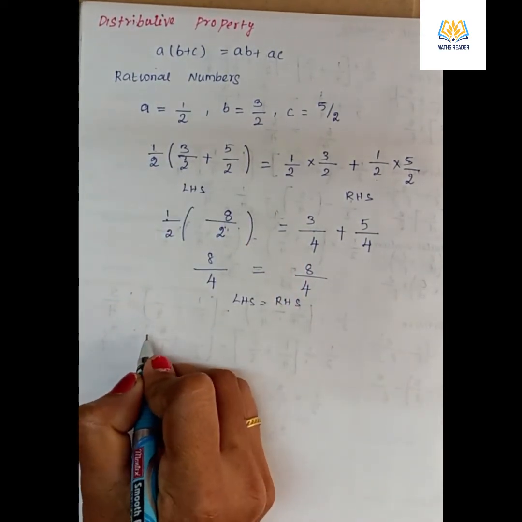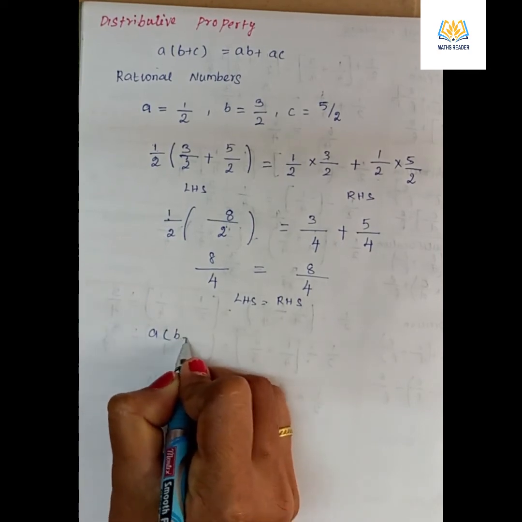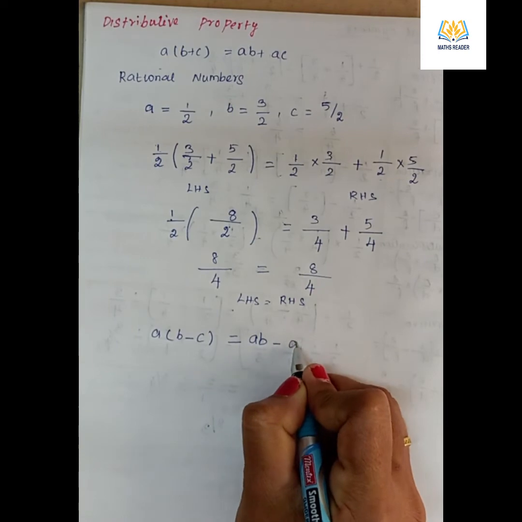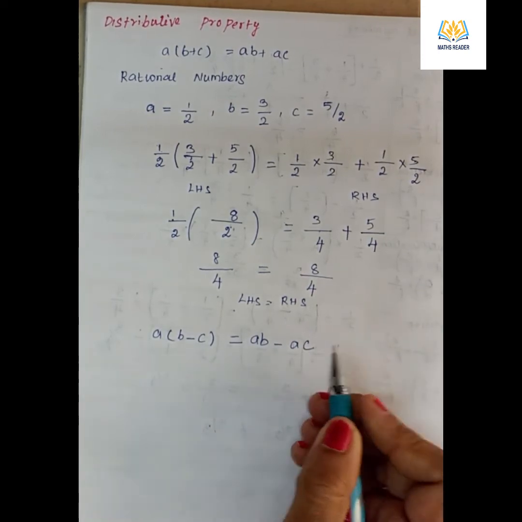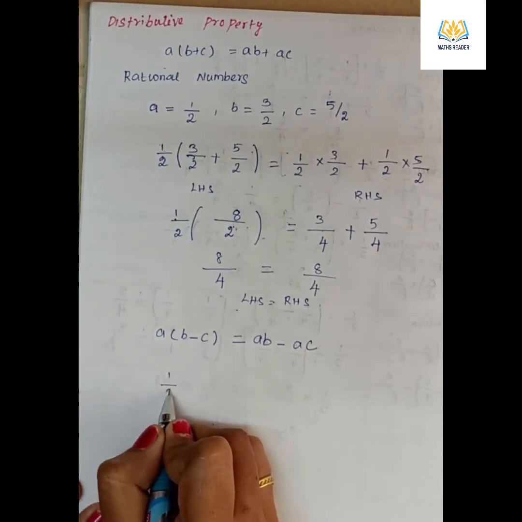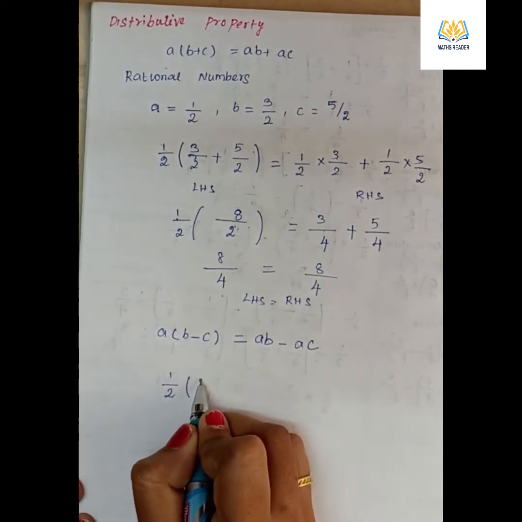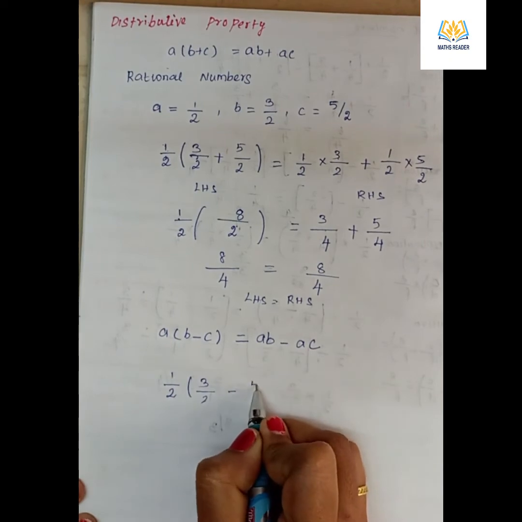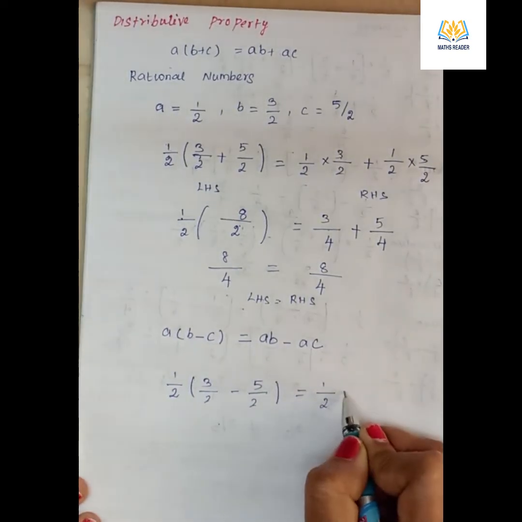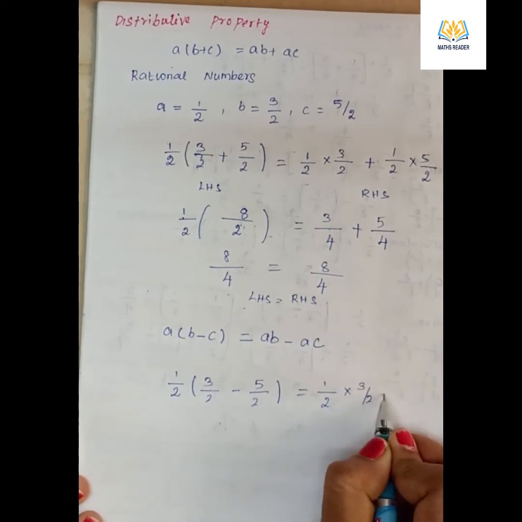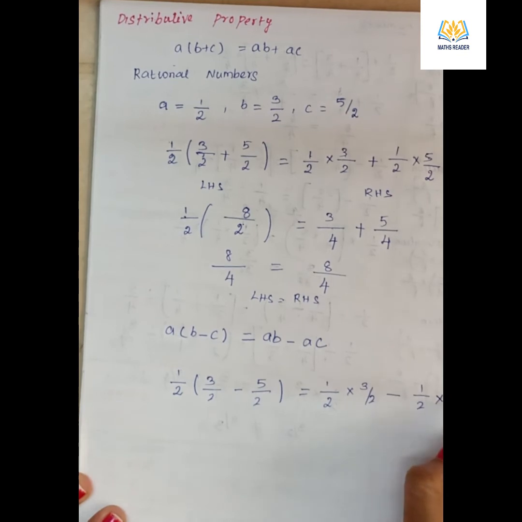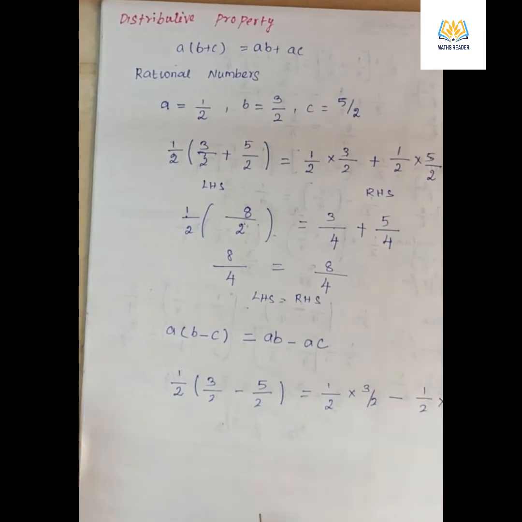Next we will check for subtraction. a into (b minus c) is equal to ab minus ac. We take the same values for a, b and c. a is 1 by 2 and b is 3 by 2 minus 5 by 2, equal to 1 by 2 into 3 by 2 minus 1 by 2 into 5 by 2.